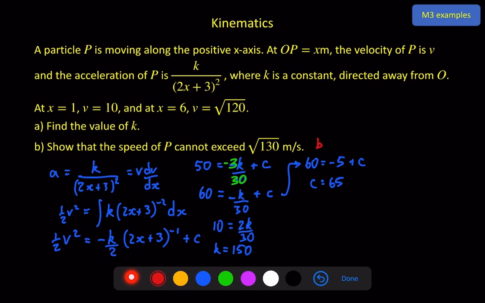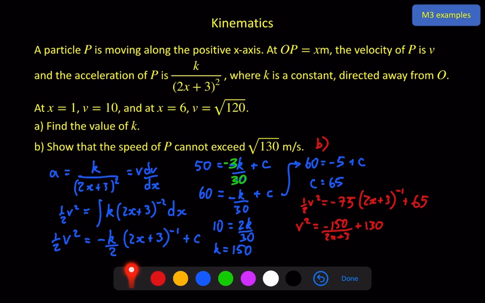So let me put this under part B, and then we've got a half v squared is equal to minus 150 over 2, so that's minus 75, 2x plus 3 to the minus 1, plus c, which is 65. Rearranging to show v squared, that's minus 150 over 2x plus 3 plus 130.